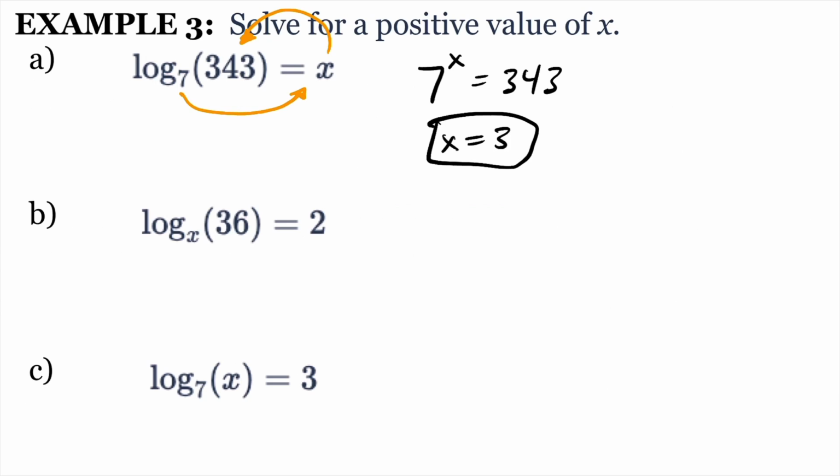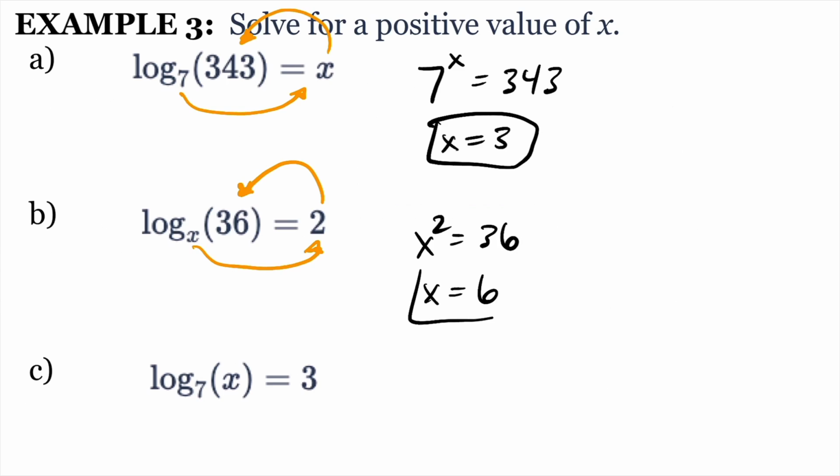The next one, x to the second power equals 36. What times itself makes 36? 6. So the base is 6.